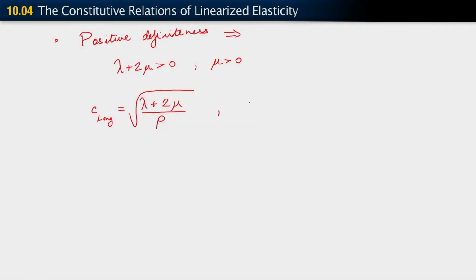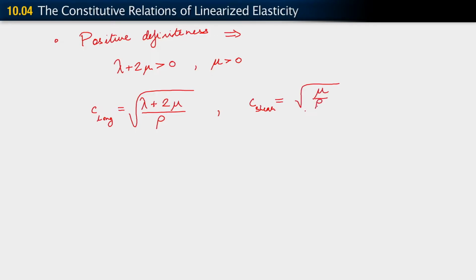It allows longitudinal waves to actually propagate through the material. And the shear wave speed is square root of mu divided by rho.